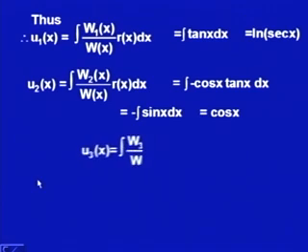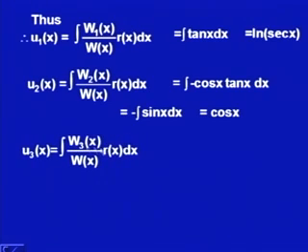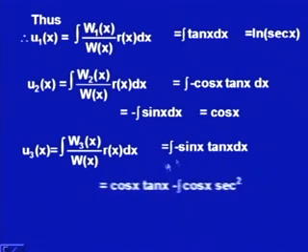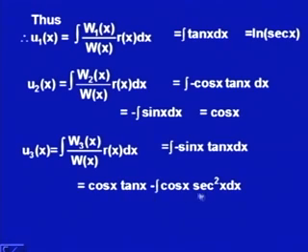u3, similarly it should be integral of W3x upon Wx into Rx. W3 is minus sin x, Wx is 1, Rx is tan x. So, we are getting minus sin x tan x dx. This we will integrate by parts. So, we would get cosine x tan x minus cosine x sec square x dx. Cosine x tan x is nothing but sin x.